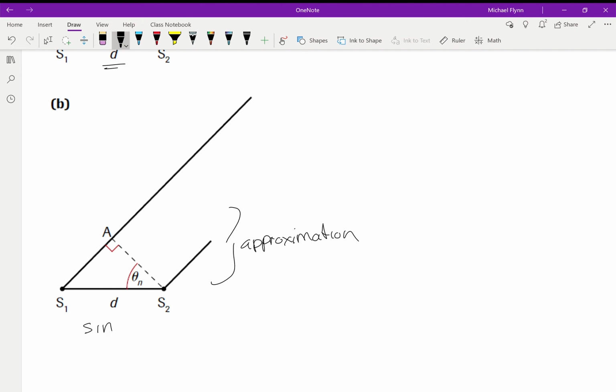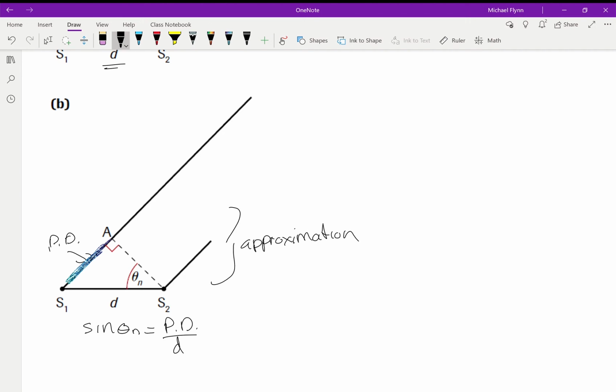And what you do is you go like this: sine theta n equals this, which is your path difference. Again, I'll highlight it. That's your path difference. So it's equal to path difference divided by d.